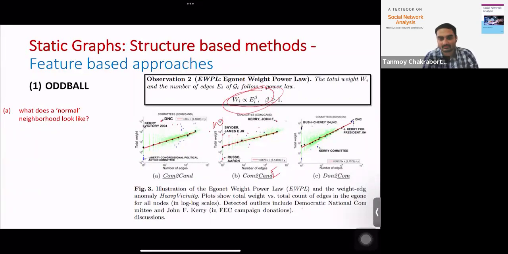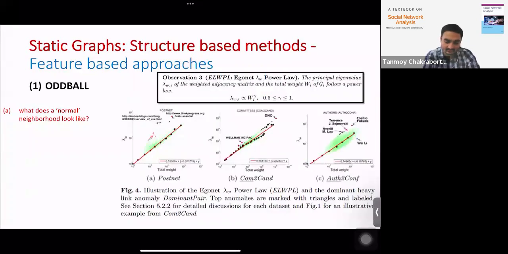where Wi is proportional to Ei to the power beta. Beta is always greater than or equal to 1, right? And the third observation was similar, but this is for identifying the dominant pair. Then they looked at the principal eigenvalue and the total weights.